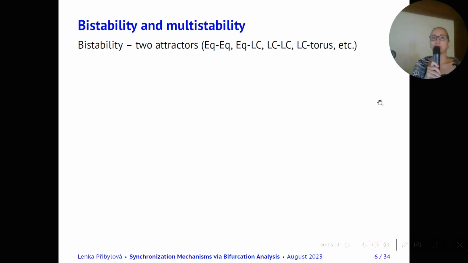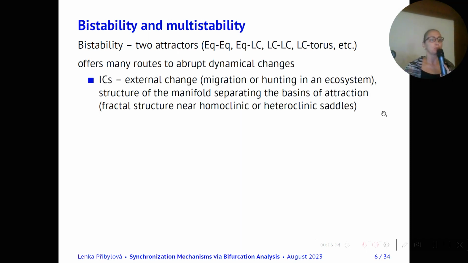Maybe I will say some possibilities with applications. When you have bistability, for example, you can have equilibrium and equilibrium, and you may make an abrupt change when you move from one basin of attraction of one equilibrium to another one.